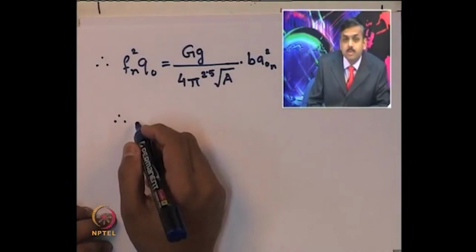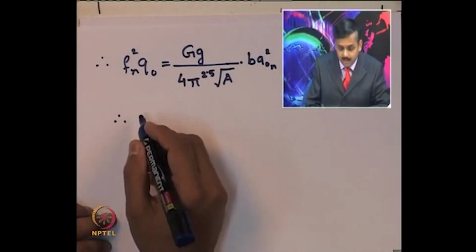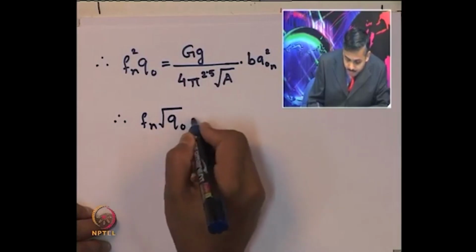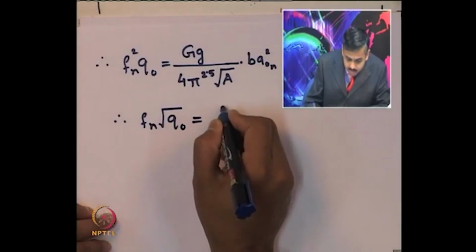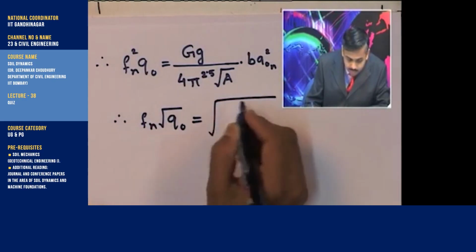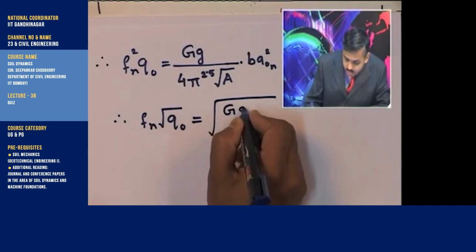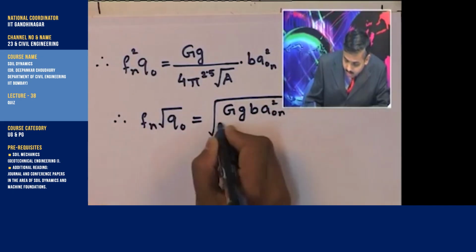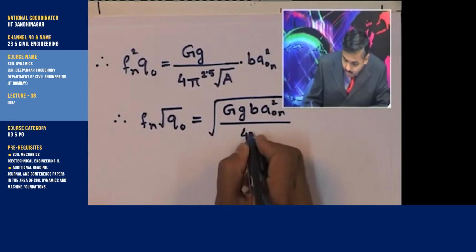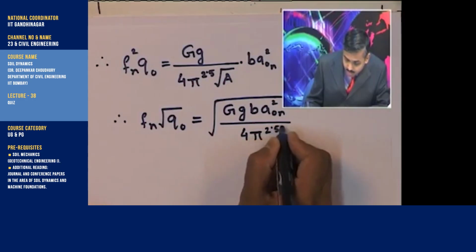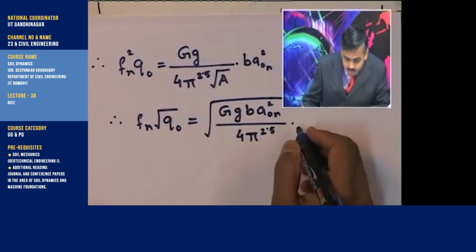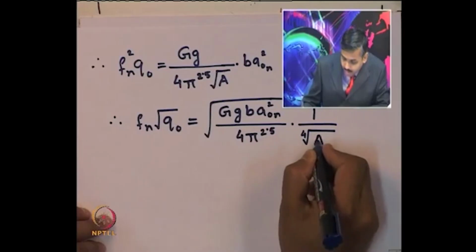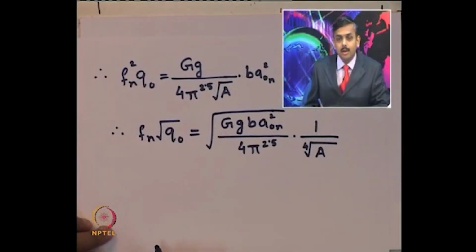Therefore, the Chauvet-Turiaf's design chart in the x axis, which is f n root over q naught, can be written as root of g B A naught n square by 4 pi to the power 2.5 times 1 by 4th root of A. Okay.